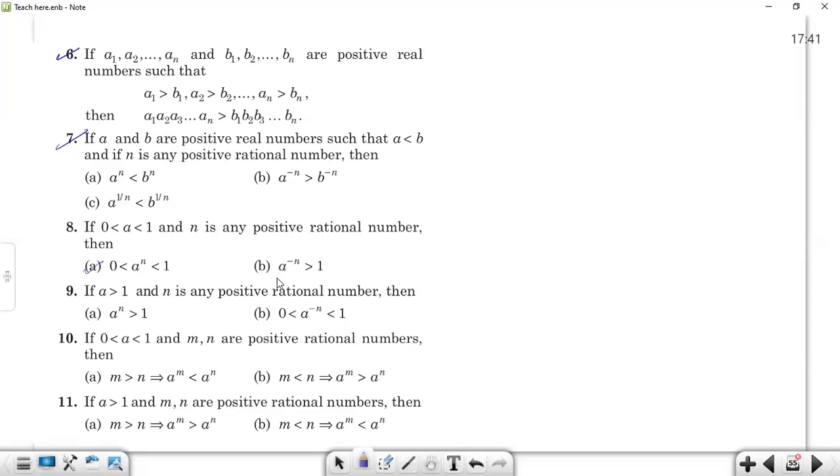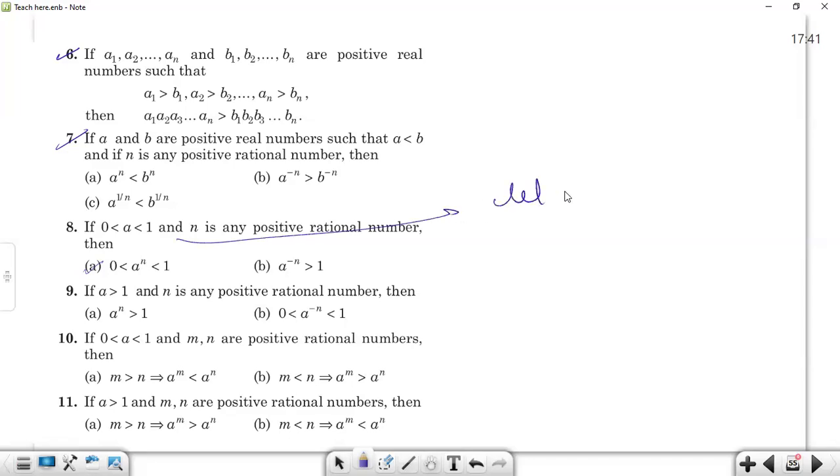And when we raise its power to the negative of some positive rational number, there is a negative power on a, so definitely it's going to become more than 1. Let's take an example.